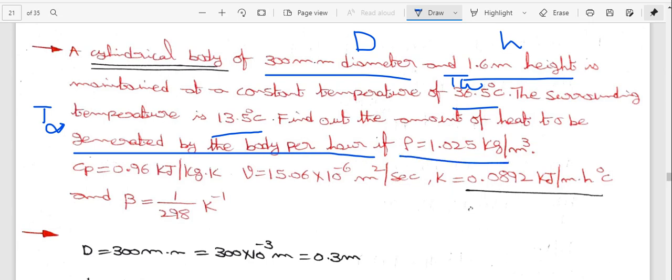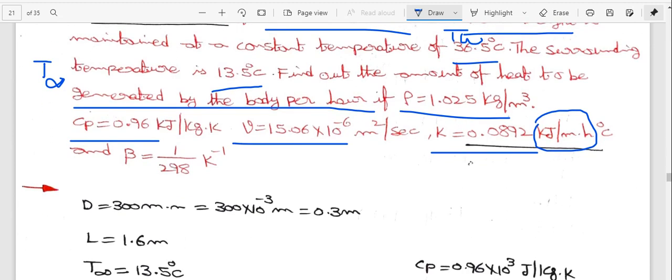So here density value, Cp value, kinematic viscosity, and k value are given. Again the k value is mentioned in kilojoule per meter hour degree centigrade. We need to convert it into joule per second meter degree centigrade. Beta value is mentioned in the question.